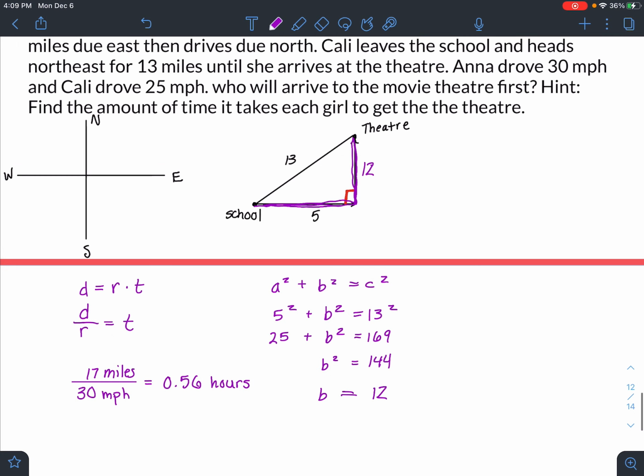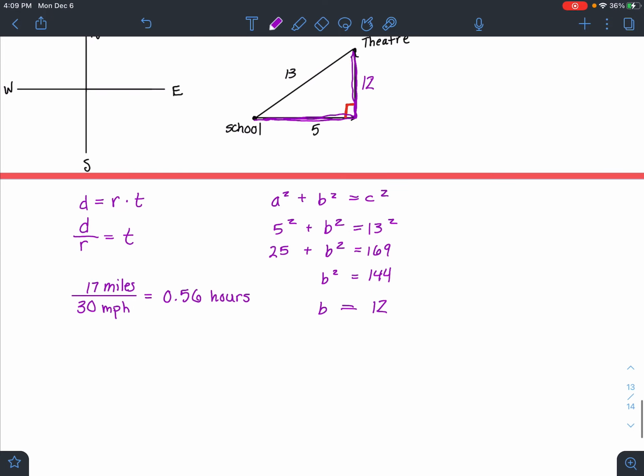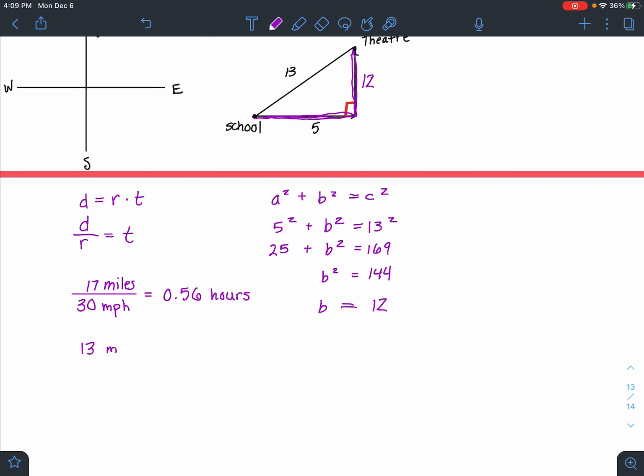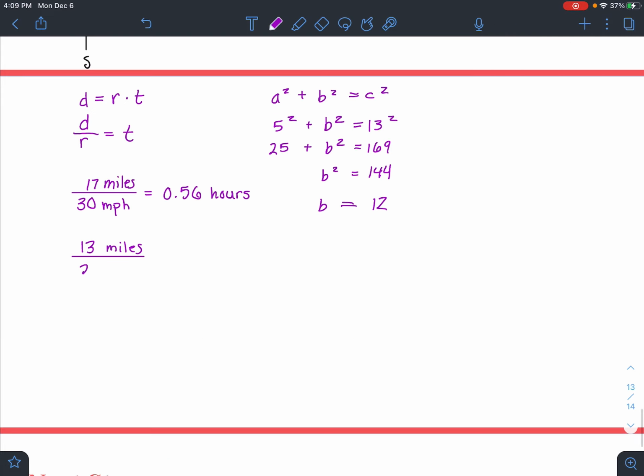Now we can do the same thing for Callie. We know that Callie's distance was 13. She went 13 miles. And her rate was, here it is, 25 miles per hour. And so 13 divided by 25 is 0.52 hours.